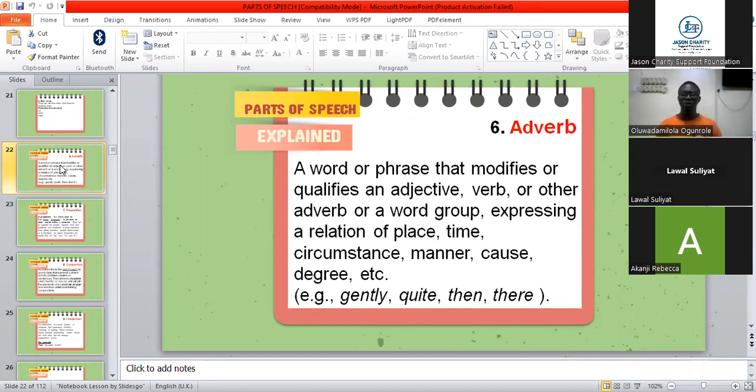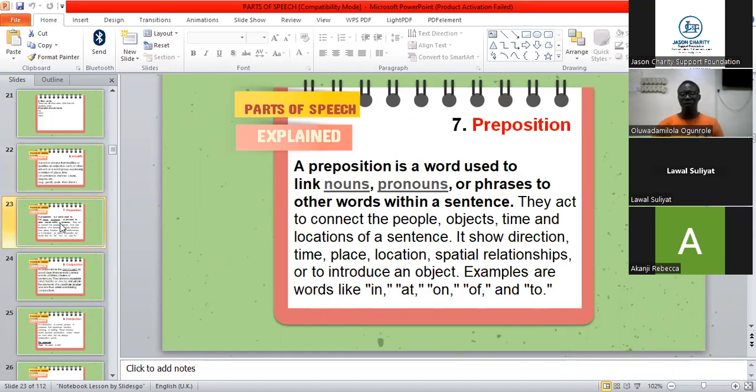It depends on what time, what manner, what cause, or what degree you want to employ in your sentence. But don't forget that an adverb can be used to modify an adjective, it can be used to modify a verb, and it can be used to modify another adverb, as we have them in the English language. So proceeding from there, the seventh part of speech I want to talk about is the preposition.